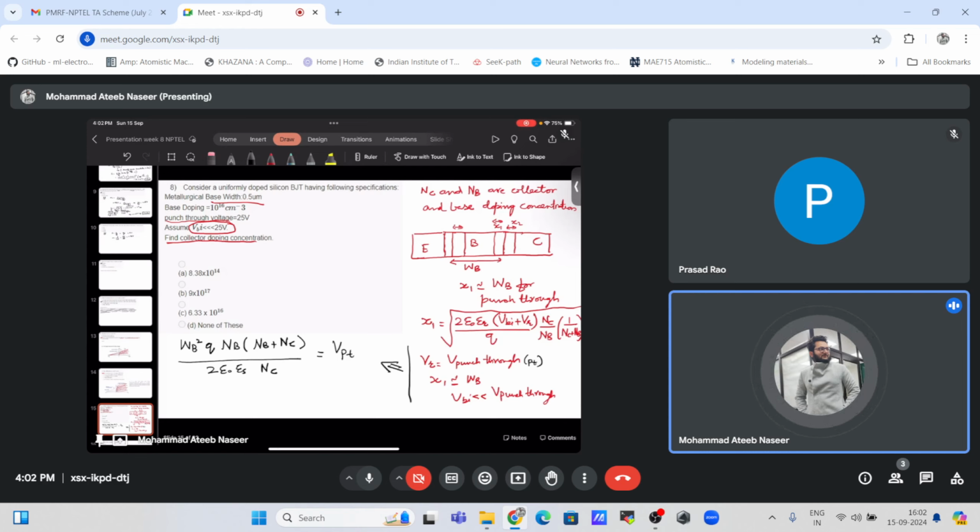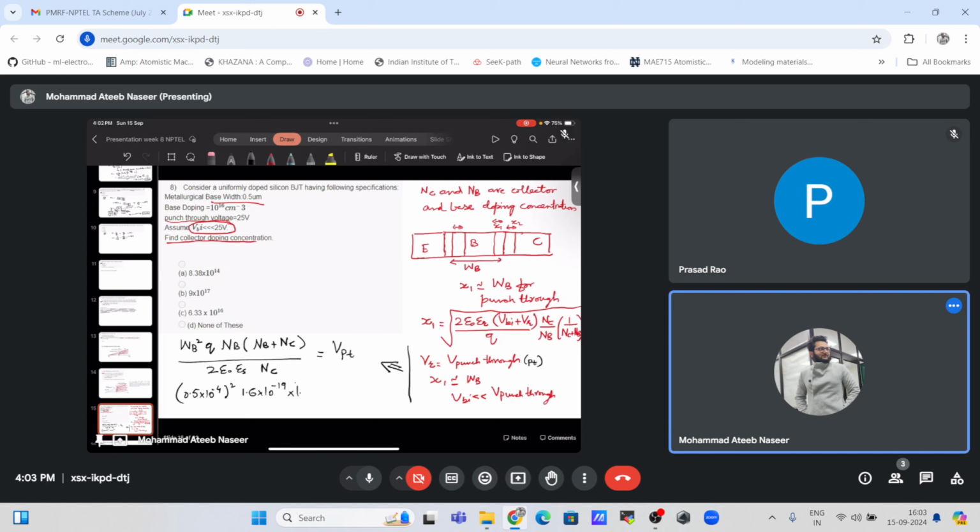So it is 0.5 into 10 to the power of minus 6, or 0.5 into 10 to the power of minus 4, times 1.6 into 10 to the power of minus 19, times NB.